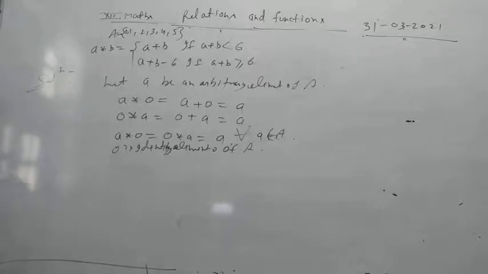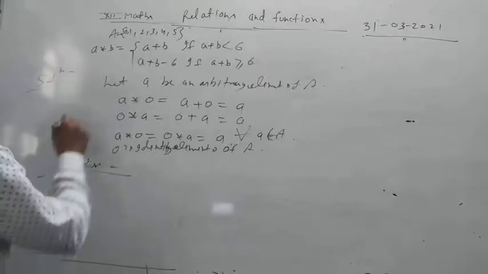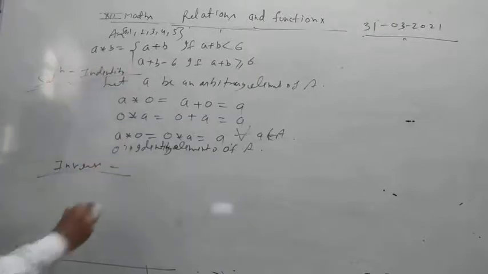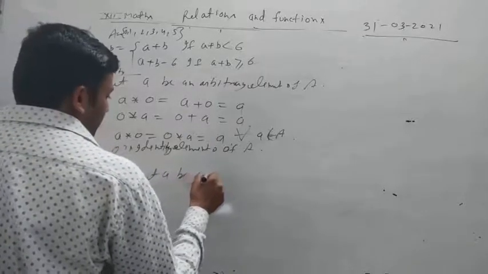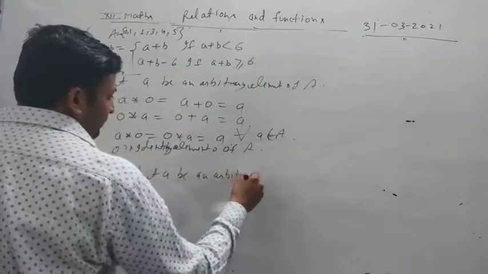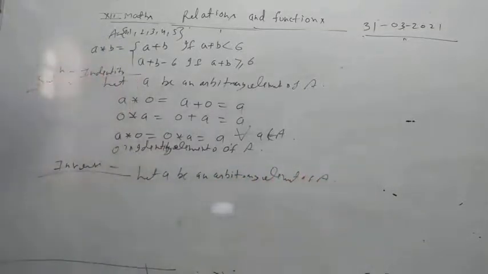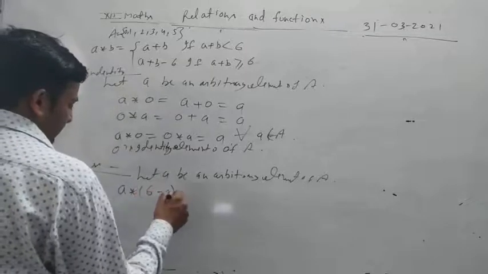And now we have to show that each element A of the set is invertible with inverse 6 minus A. Okay students, now for the inverse, let A be an arbitrary element of the set again. We take A star (6 minus A).